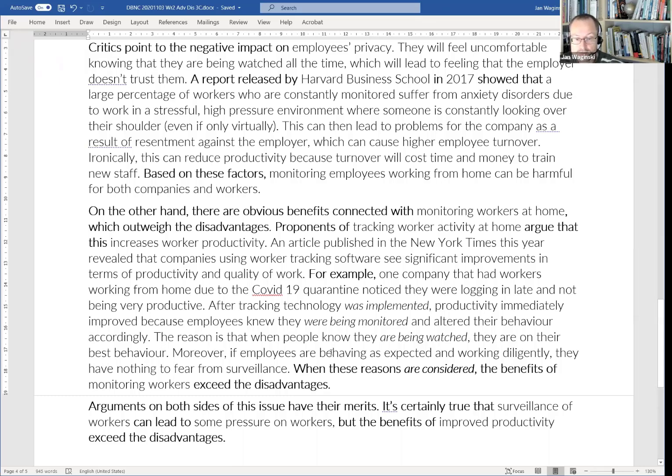Moreover, if employees are behaving as expected and working diligently, they have nothing to fear from surveillance. When these reasons are considered, the benefits of monitoring workers exceed the disadvantages. So again, at the very end, the opinion is reinforced. Yes, this paragraph is my opinion.